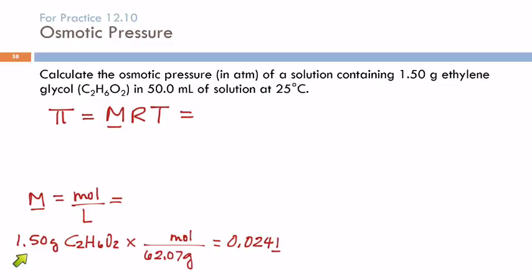I have 3 significant figures in this initial number, so this is going to have 3 sig figs, but I want to carry 2 extras because I really hate rounding errors. So there's the moles, 0.024166 moles, and that goes on the top here.